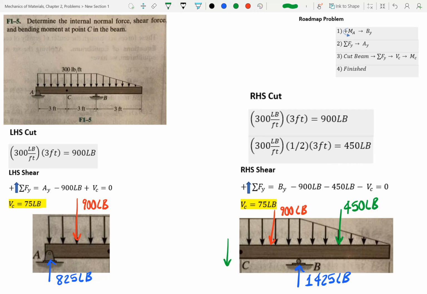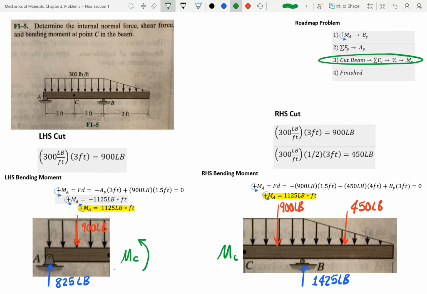So I automatically know that this is going to be up, right? So if I work it out here, I get 75 pounds pushing up. And that makes sense, right? 825 plus 75 is equal to 900.